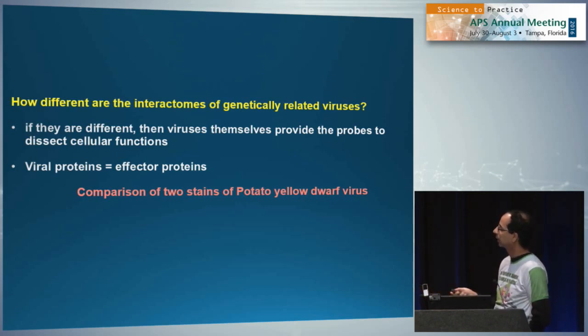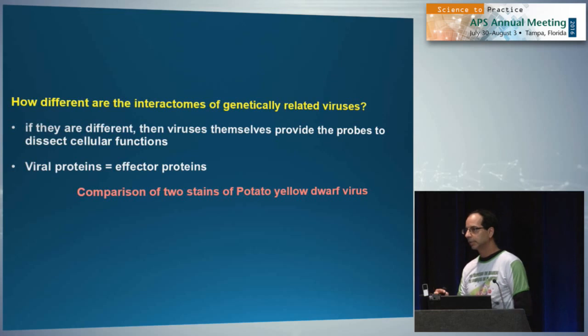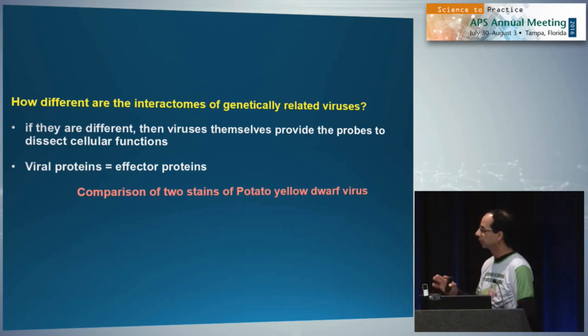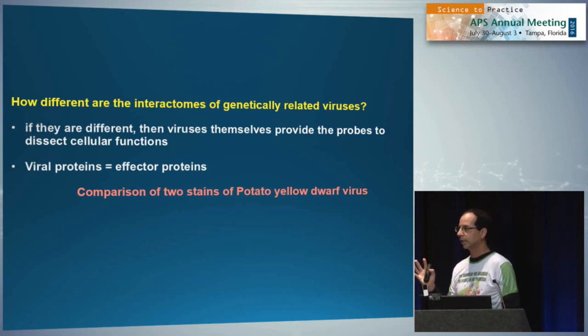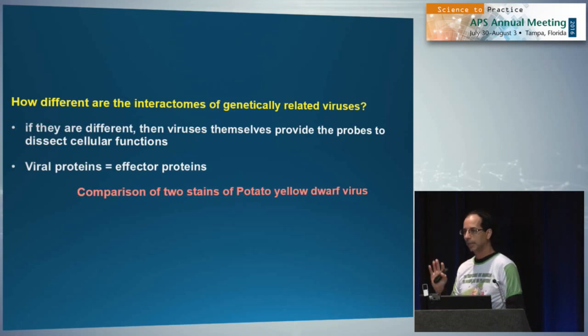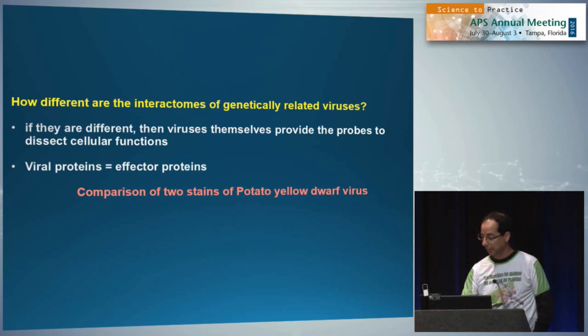So let's look at 2 strains of potato yellow dwarf virus, and what's very important is to realize that even the structural proteins of viruses, we just saw a case, the capsid protein goes to the nucleus. So even structural proteins of viruses have functions over and above their structural requirements, right? They do other things. So they're either VAMPs or effectors in some way.